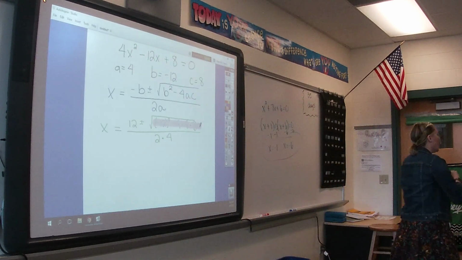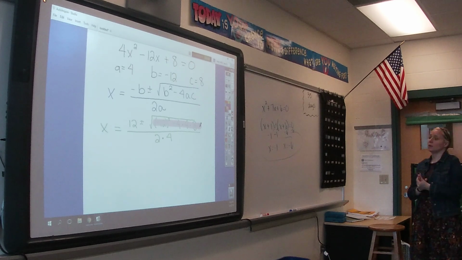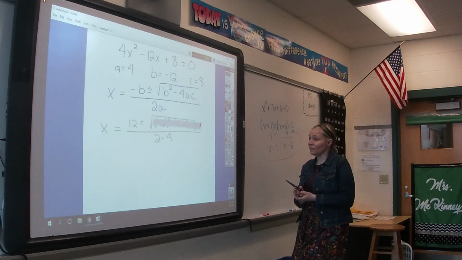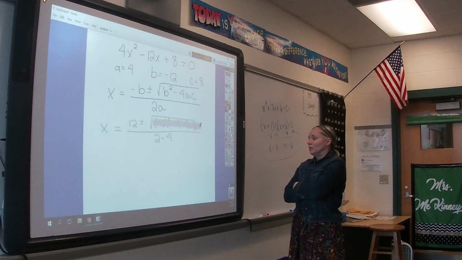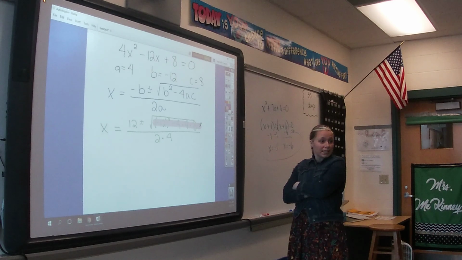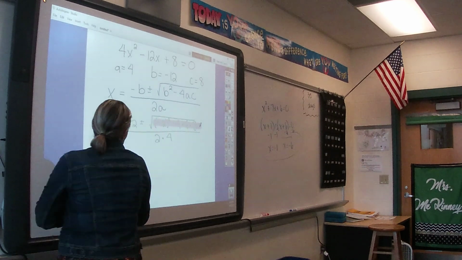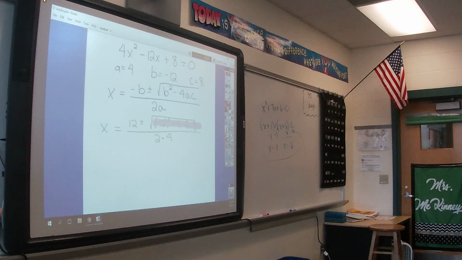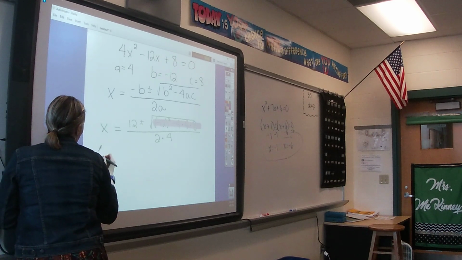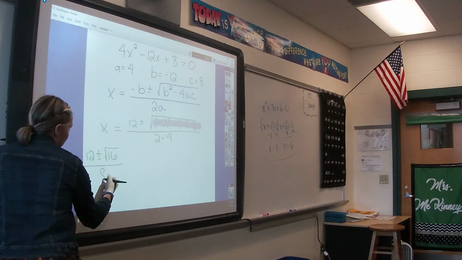Parenthesis, -12, close parentheses, squared, -4 times 4 times 8 equals 32. What do we get underneath the square root? 16. Okay, so are we all getting 16 and we agree with that? Yeah. So now we have 12 plus or minus the square root of 16 all over 8.